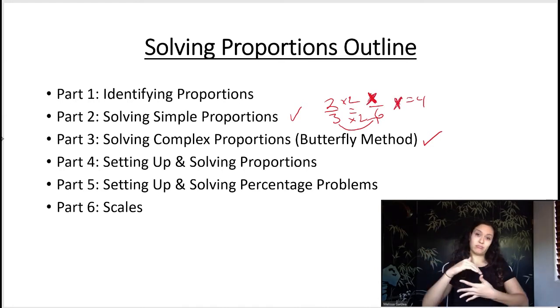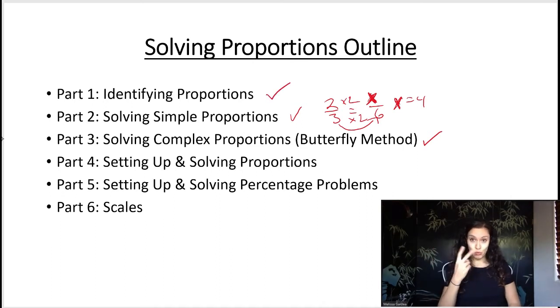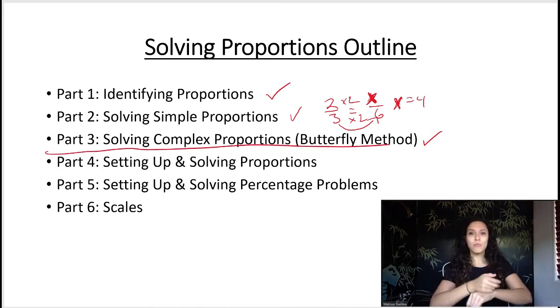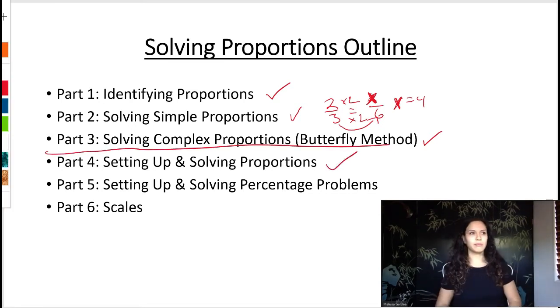So x would equal 4 in that case. And then before we identified proportions, if I gave you 2 fractions, you simplified both to see what the root value was in its simplified form. If they were the same, that meant it was proportional. Now the next thing we're going to learn about is how to set up to solve proportions. All right, next slide.